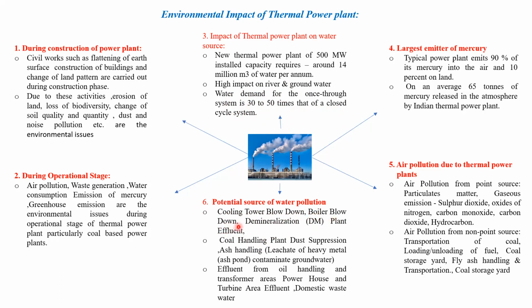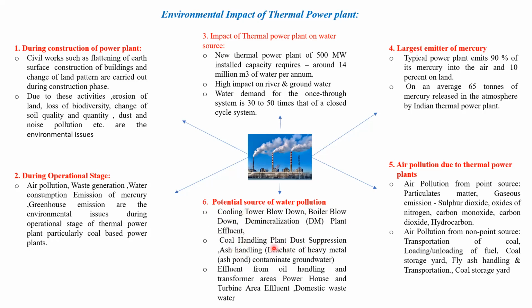For the same reason for the boiler, there is DM water, that is the DM plant, and in the DM plant also you have to blow down to get quality water. This potential source of water pollution going out of the plant also causes the surrounding area to be affected because of the chemicals.